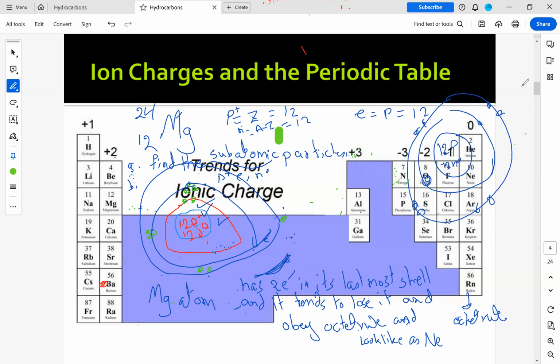We don't have the third shell anymore. If you remember, it had 3 shells. Now it has only 2 shells. Why? Because she lost them.